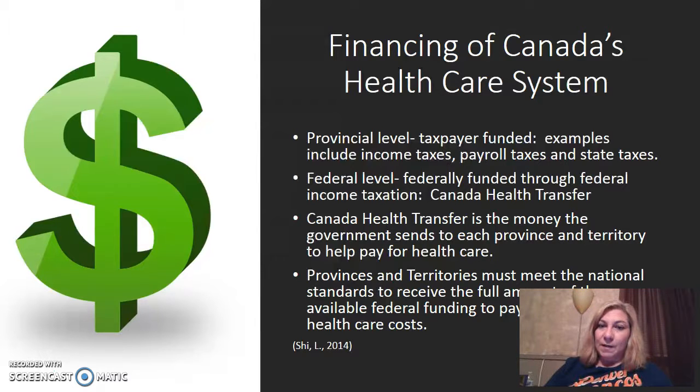Federal level funding comes through federal income taxation through the Canada Health Transfer. The Canada Health Transfer is the money that the government sends to each province and territory to help pay for health care. Provinces and territories must meet the national standards to receive the full amount of the available federal funding to pay for their residents' health care costs.